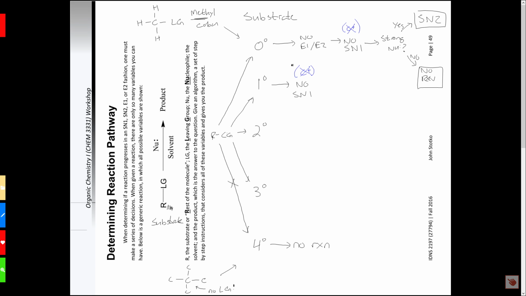So for your primary carbon, no SN1. In fact, before I say no SN1, let's go over what E1 is. So for E1, you're going to form a double bond. One of the carbons has a carbocation, and you have your nucleophile right here.